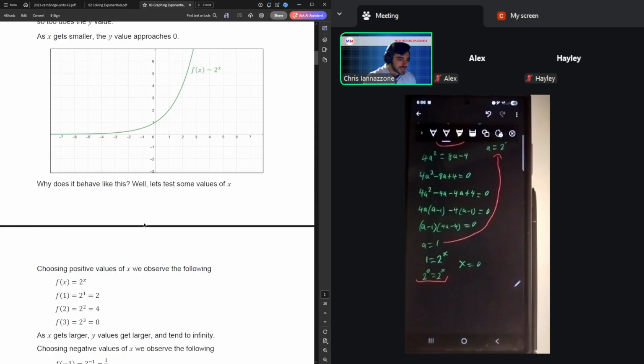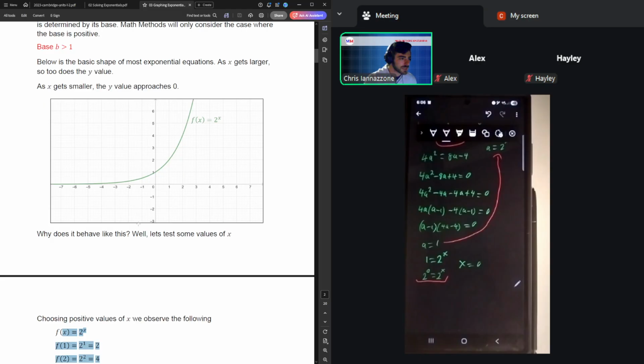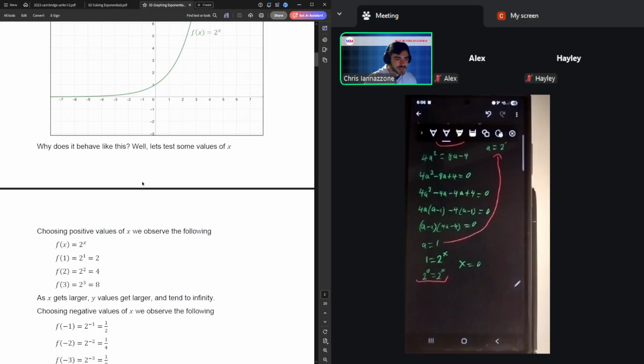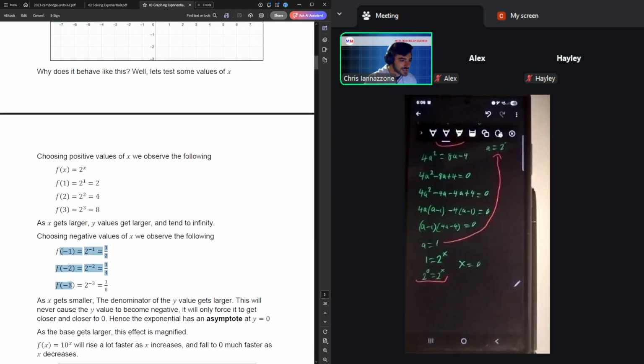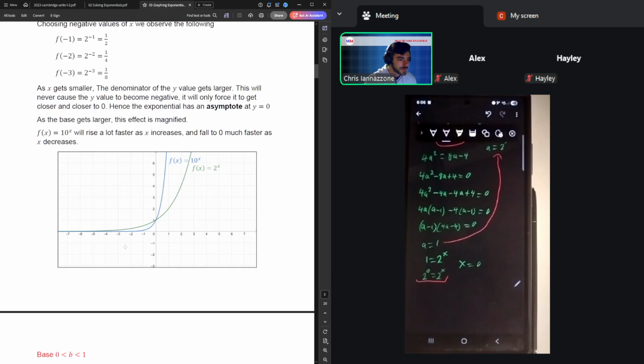As for why that is the case, we explored a little bit about the basic graph before, with the base greater than 1, where if you plugged in your values, you got bigger and bigger as x increased. So as x is increasing, the y is getting rapidly bigger, and as x is decreasing, the y's are getting rapidly smaller.